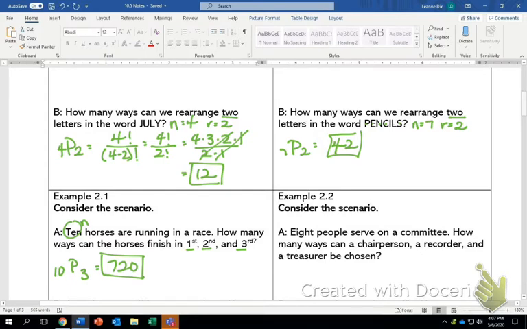So because I have a difference in the responsibilities or a difference in the ranks, this is going to be a permutation. My total is 8, and I have a chairperson, a recorder, and a treasurer, so that's going to be my R. So I would say 8 P 3 is equal to, and I use my calculator, 336 possibilities.